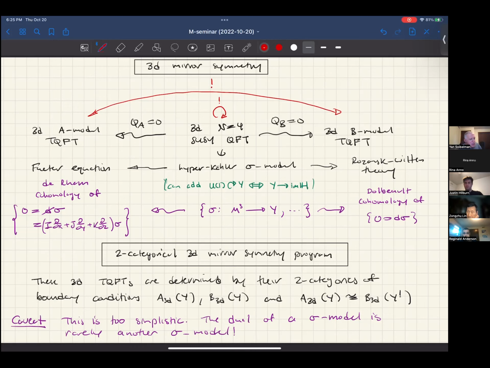But if your space, your X or whatever, Y, is complex symplectic, then you can further deform the category of coherent sheaves, as people do in that 3D business. Make it non-commutative, like you can deform it to D-modules, for example.